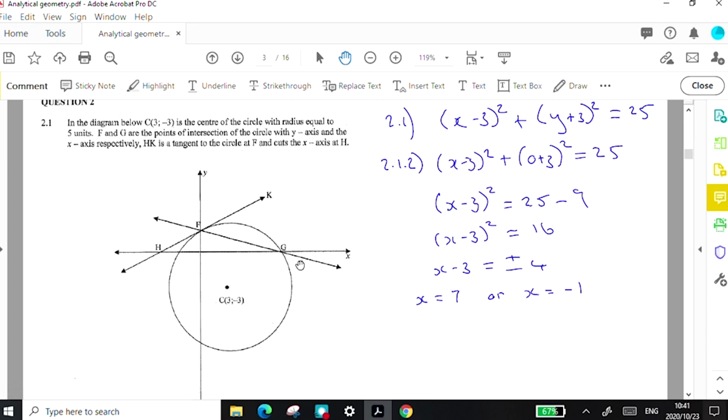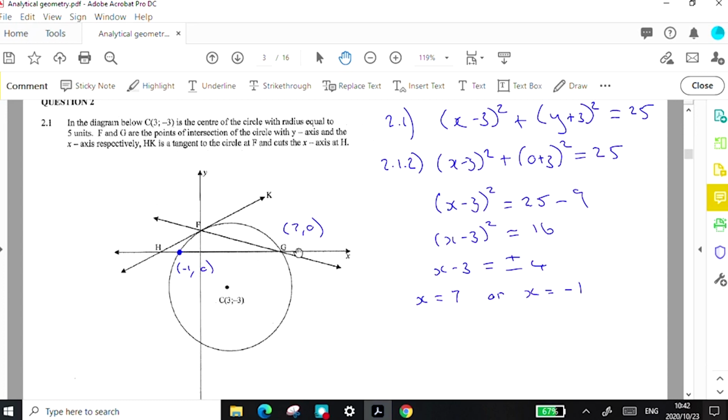G is in the first quadrant. Since G is in the first quadrant, G must be the point when x is 7, y is equal to 0. Which implies that the blue point should be the point when x is equal to minus 1, y is equal to 0, which is the second intersection.